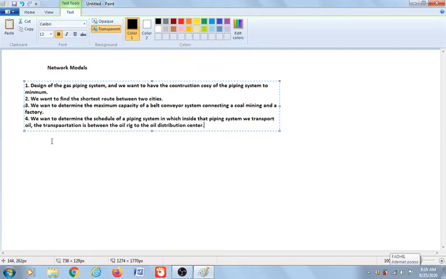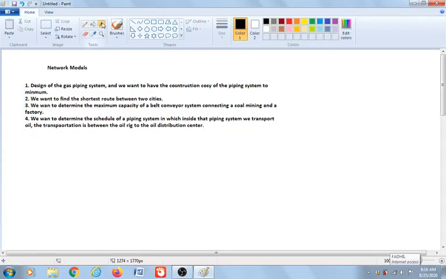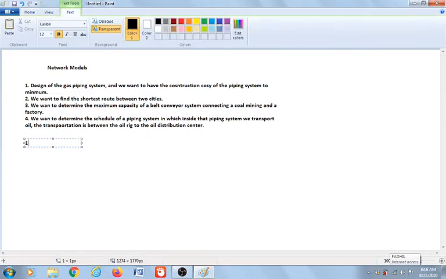Okay, so we have four example real life problems here. We can solve problem number one by using the first model of the network models, which we call the minimum spanning tree model.